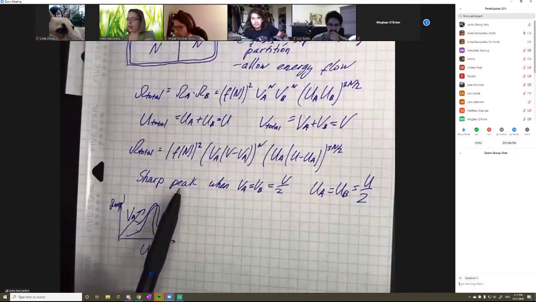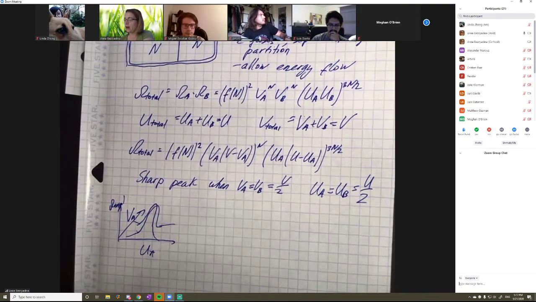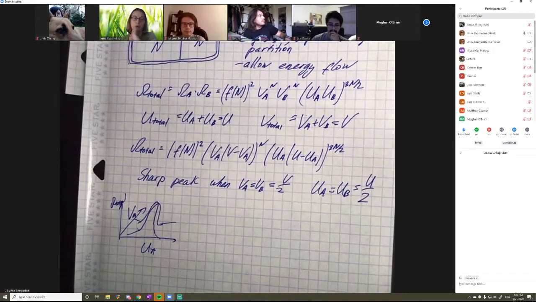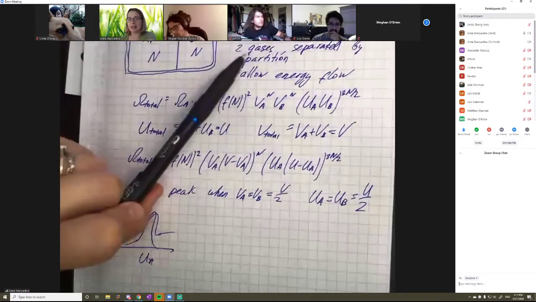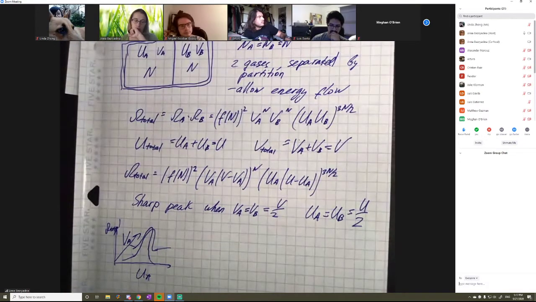So we now have multiple parameters, and we have a peak when volume and energy are divided equally between two ideal gases. Again, that's a situation when we have the same amount of molecules, NA is equal to NB.